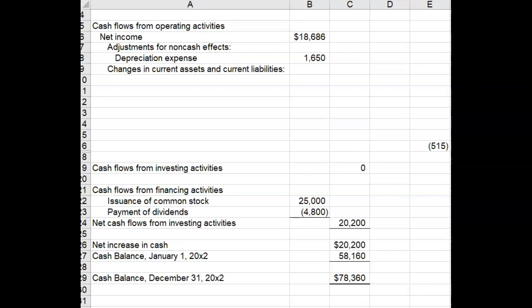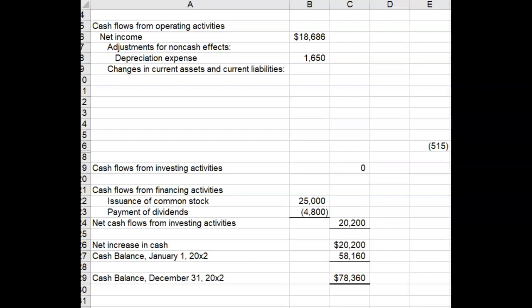Increases and decreases in current assets will have the opposite effect on net income. Write that down. Increases and decreases in current assets will have the opposite effect on net income.